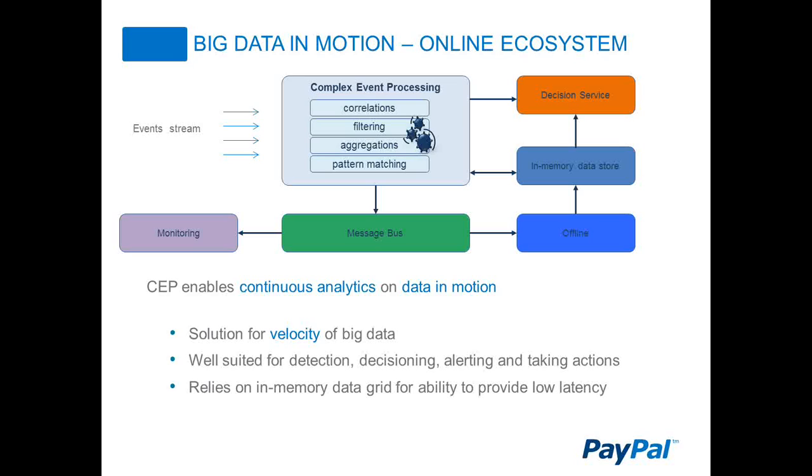So out of CEP system, you're storing some data in in-memory data store, you're sending events to decision service. At the same time, you could send alerts or some observational data, meaning how my logic is performing in the system or what decisions I made, asynchronously to message bus, which can be consumed by offline systems.